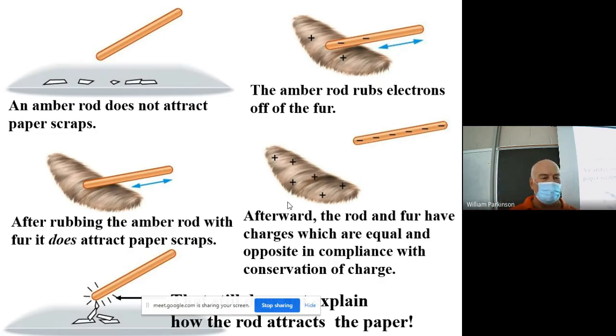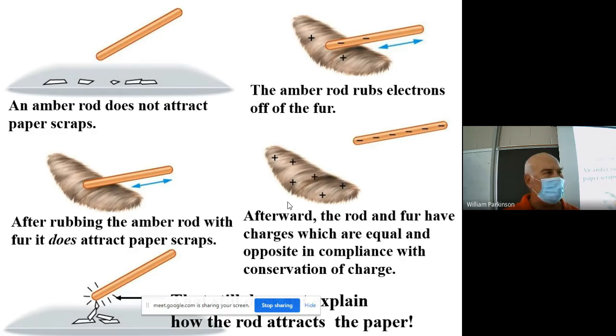The second picture shows, or I'm sorry, the third picture on the left shows that after I transferred these electrons to the rod, it can now pick up the paper. Before I transferred the electrons to the rod, I couldn't pick up the paper, as the top picture on the left shows. And now on the right, I'm explaining, yeah, that's because the rod has been charged. But it doesn't explain a change in the paper.